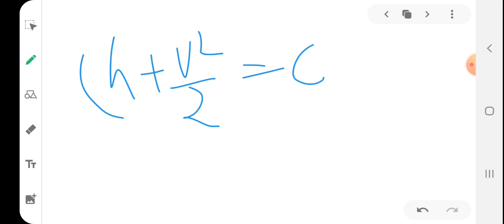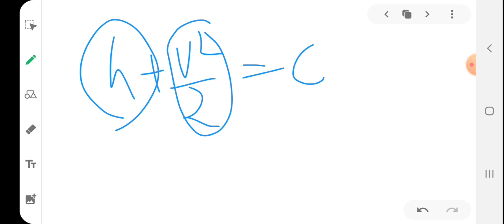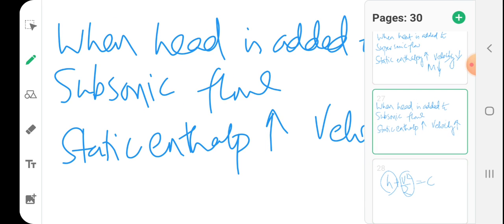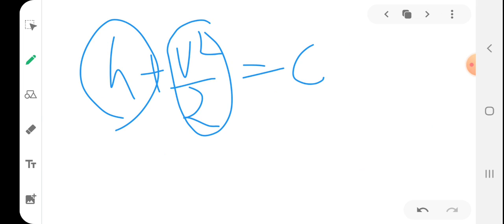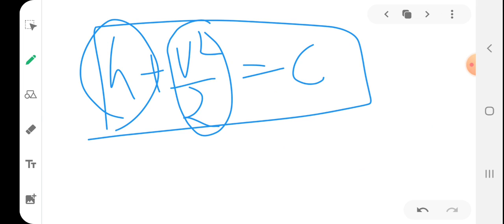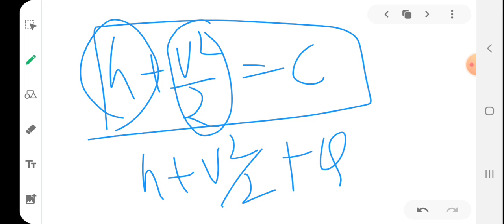If h plus v square by 2 is constant, then if h increases, naturally v must decrease. But here h increases, velocity increases, and Mach number also increases. This is not based on that equation, but on an equation where heat transfer also plays an important role.